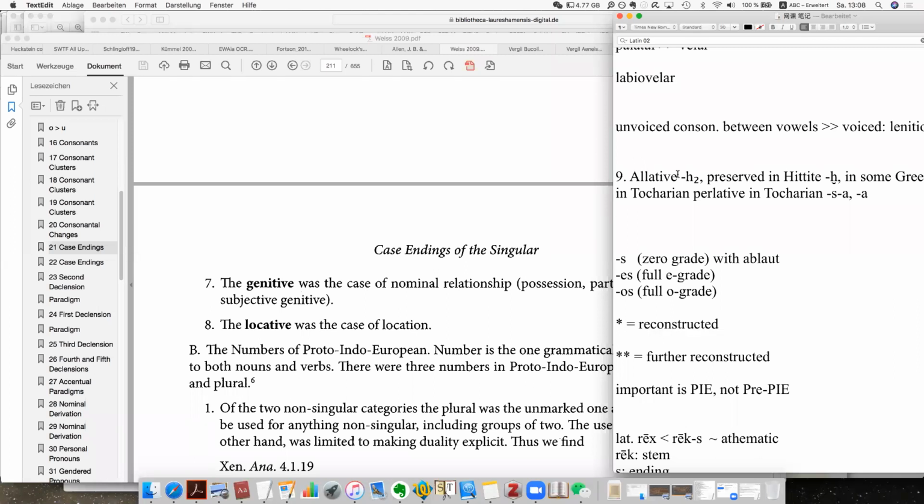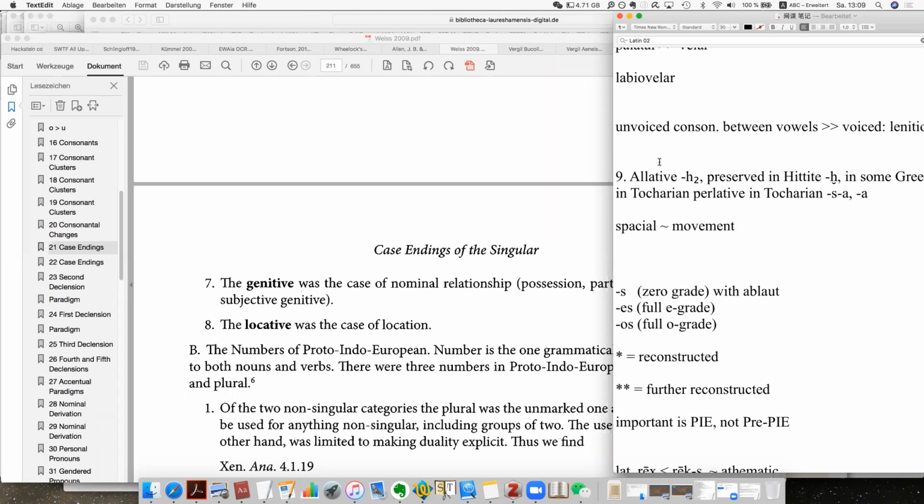It's really local, spatial. The meaning has something to do with movement. So this is basically the meaning.